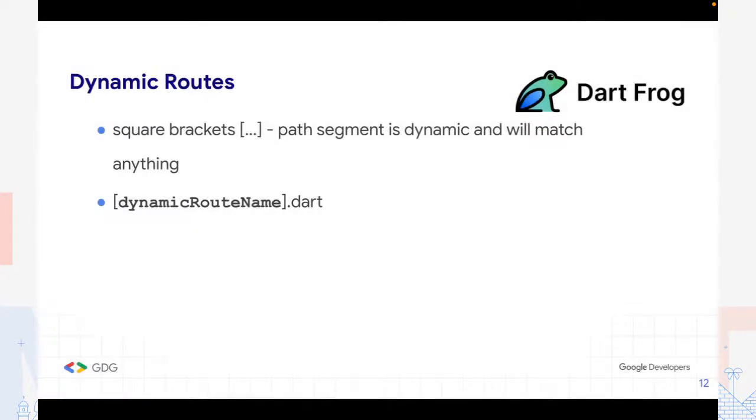So next, let us discuss a new concept called dynamic routes. Now, dynamic routes are basically routes that will have a common message. The way we create a dynamic route is we're going to write the name of the route and enclose it within square brackets and then call it .dart file. .dart is the extension.